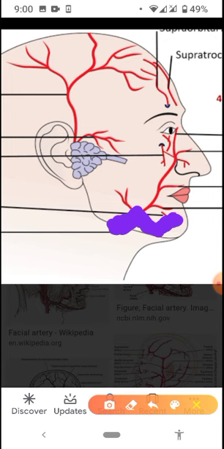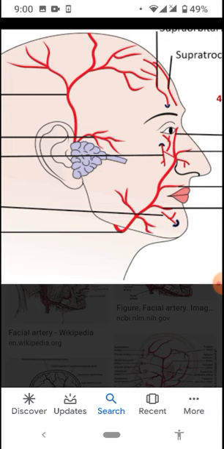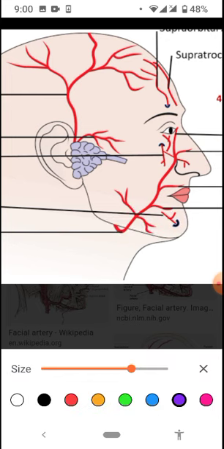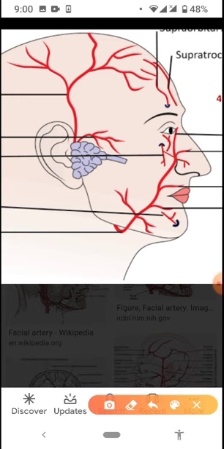Okay, and now the facial artery is coming from here, giving the submental artery, and then moving upward it gives a branch which is called the inferior labial artery.